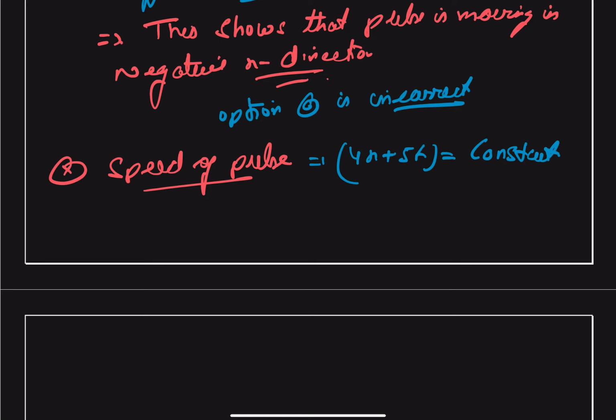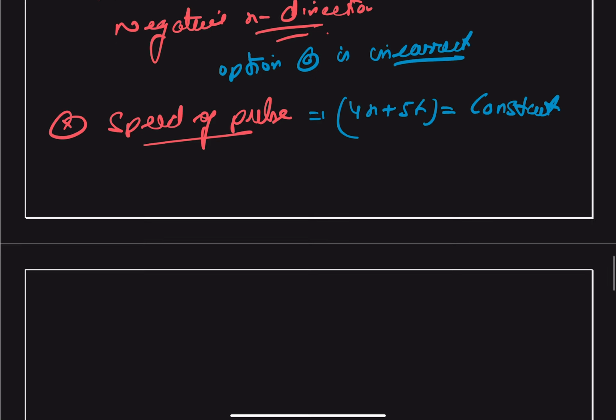And we differentiate it. Its differentiation gives us 4dx plus 5dt is equal to 0. So this gives us dx upon dt equal to minus 5 by 4.